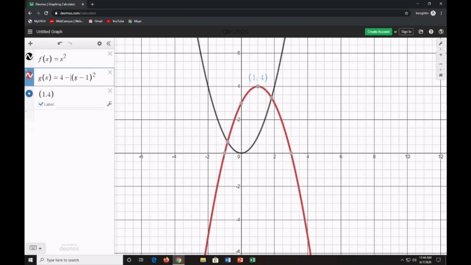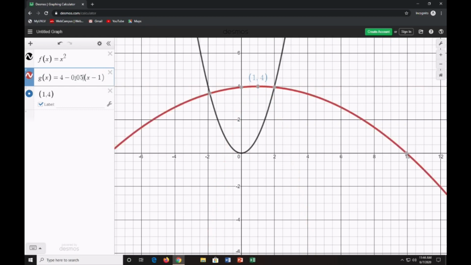So if that number in front is something between 0 and 1, let's say 0.05, something really small, right? Watch what happened to the curve. It's the same curve, but look how flat it is now. It's flipped upside down, of course, because of this minus in front.